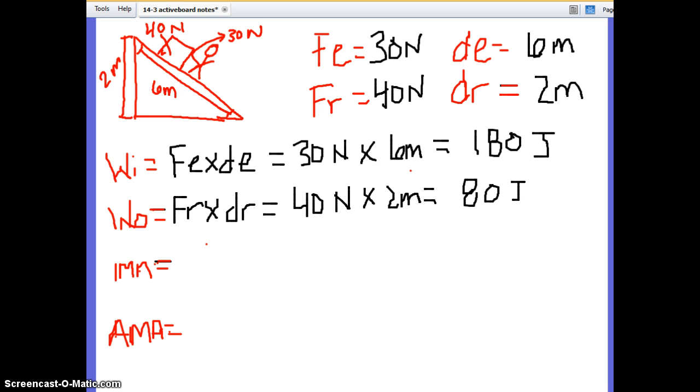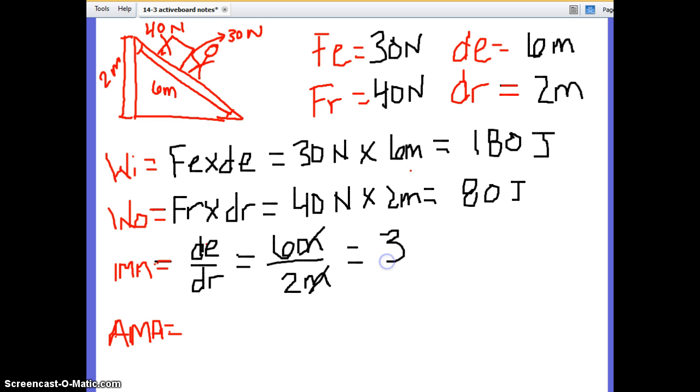IMA is DE over DR, which is 6 meters over 2 meters. And in the IMA, the meters cancel out, so IMA does not have a unit. So 6 divided by 2 is 3. If you write a unit, you will be docked.